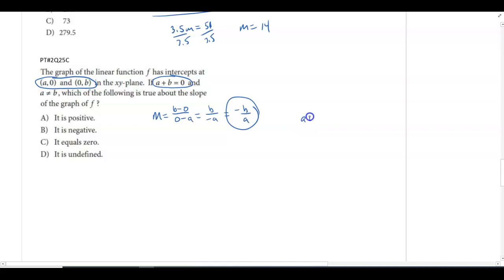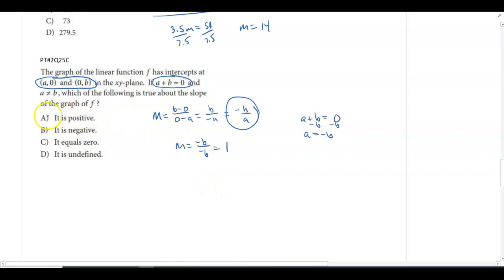Now, if I take that equation and I choose to solve for, say, a, I'm going to say a is equal to, when I subtract b, negative b. So now, when I substitute this value of a in here, I get negative b over, replacing a with negative b, that would simplify to 1.